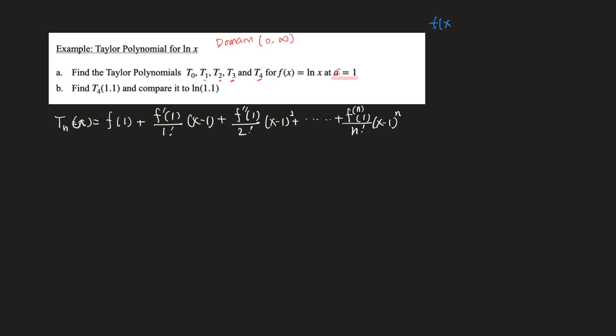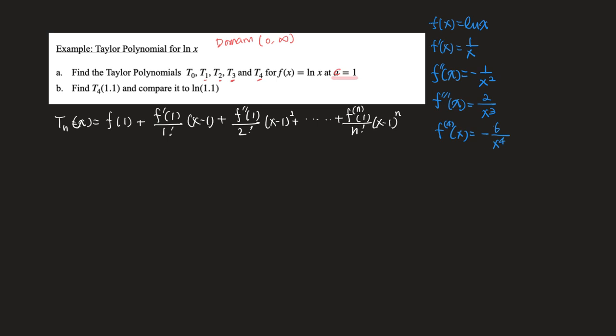f of x is ln x. The first derivative is 1 over x. The second derivative is negative 1 over x squared. The third derivative is 2 over x cubed. The fourth derivative is negative 2 times 3, which is 6, over x to the fourth power.